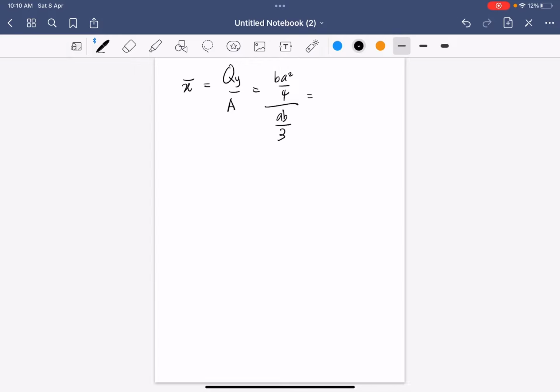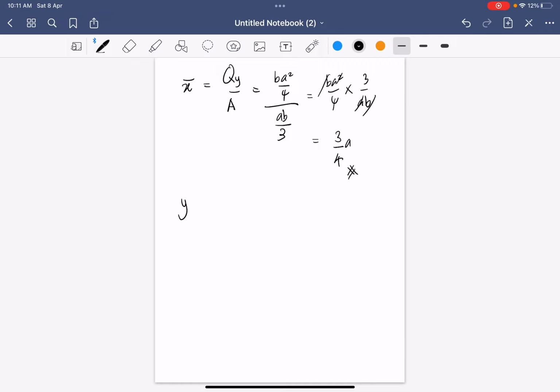So this becomes b a squared over 4 times 3 over ab. So this can be cancelled out, and this can be cancelled out. So my equation becomes 3a over 4. Let's recheck whether I have done the correct operation. B is cancelled out, a, okay, 3a over 4.